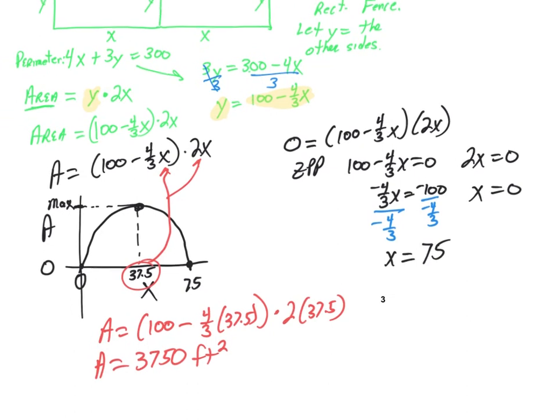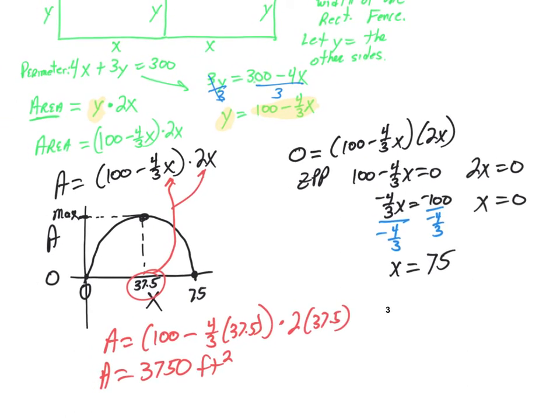What we really want to find now are the dimensions. Well, we already found that the x value that gives us the maximum area is 37.5. So that means if I plug that into this equation over here, I can find y.